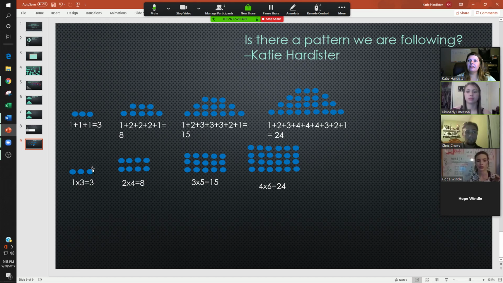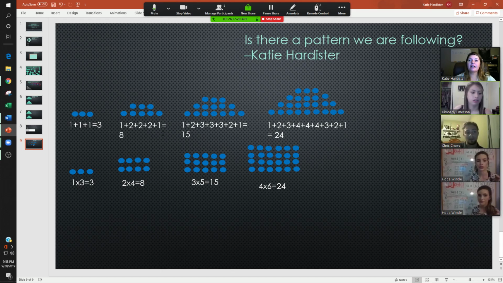So I would say there's definitely an easier way to express that, which is saying 1 times 3 equals 3. Because isn't that the same thing as saying 1 plus 1 plus 1? It sure is. Absolutely.